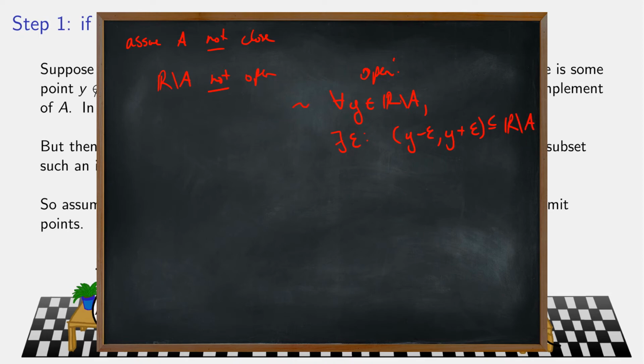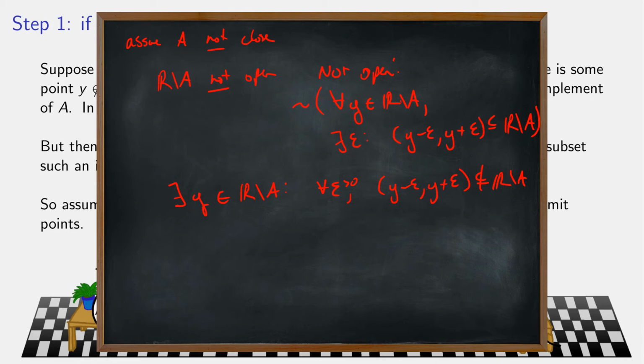So if I negate this whole thing, we would get there exists a y in the complement of A so that for any epsilon, which is positive, the interval from y minus epsilon to y plus epsilon is not a subset of R minus A.